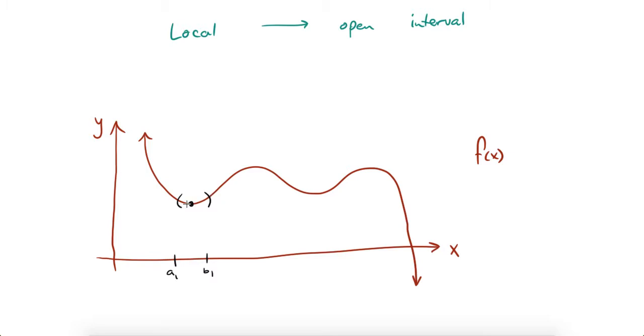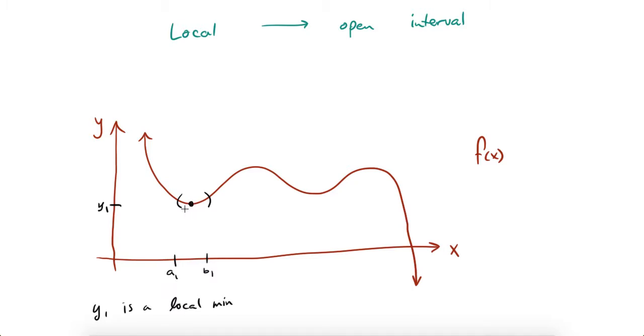And in this open interval, this is the lowest one around. So that means that this y value, we'll call it y1, is a local min, because I could find this open interval where this is the smallest y value locally.